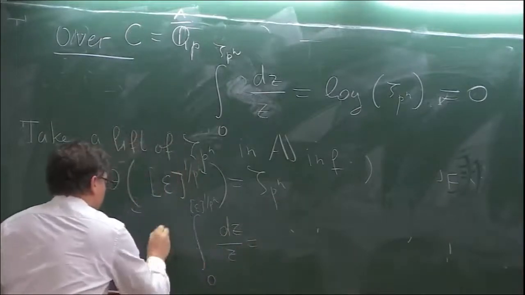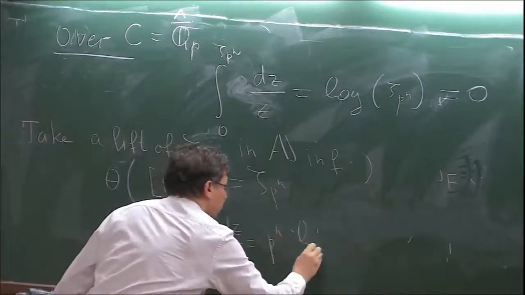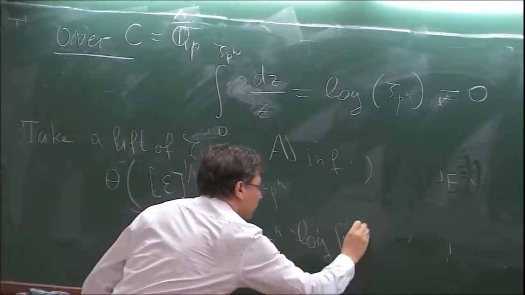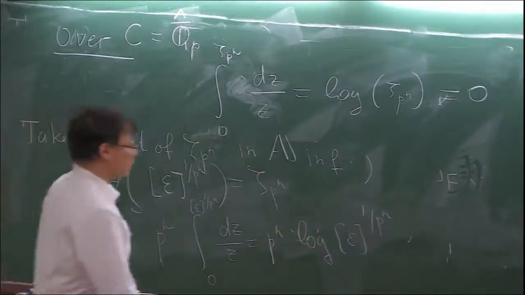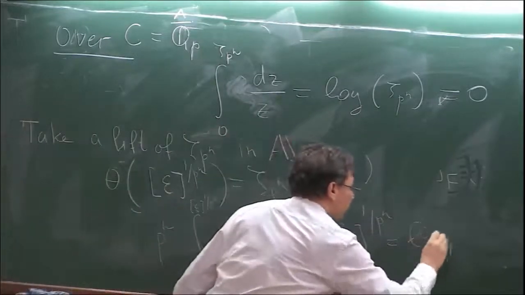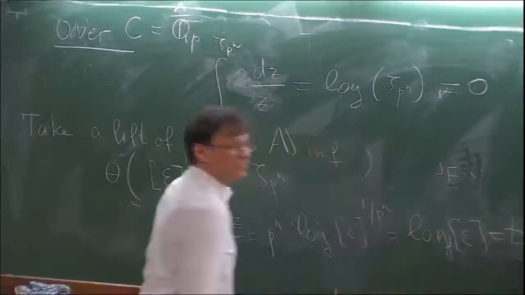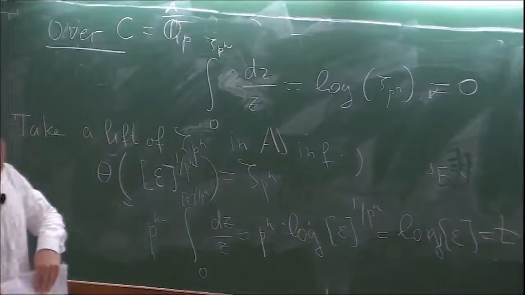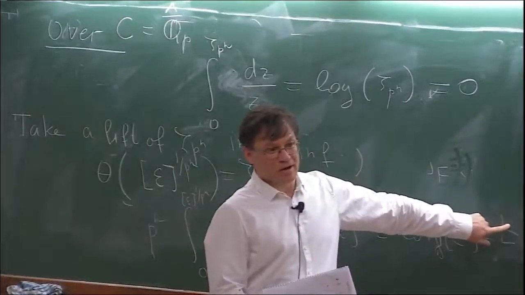If you multiply by p^n, you get p^n times the logarithm of epsilon^{1/p^n}, which gives the logarithm of epsilon, which is t. And this shows that t is a good analog of 2 pi in the p-adic setting.